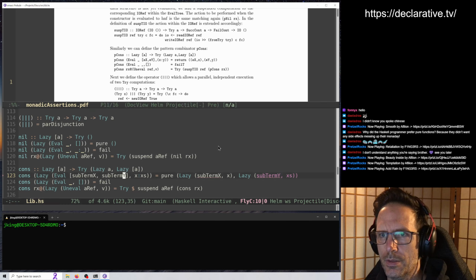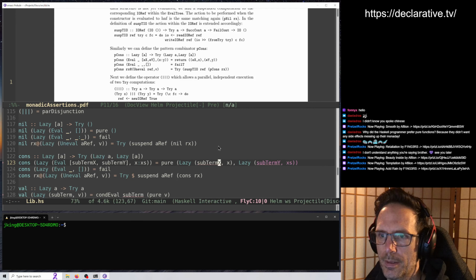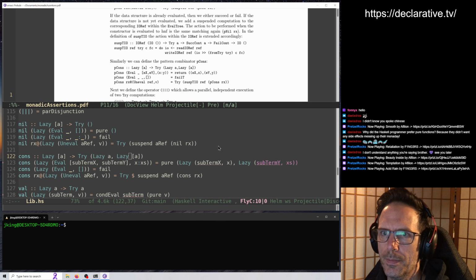Now we're on pcons. Okay, now we're on the cons. Okay, I called them subterm x and subterm y. I remember that. X, x, y. Okay, so in that case, we're supposed to return a lazy, what's this one? IOF eval tree with eval tree. X. And we have a lazy list of A here.